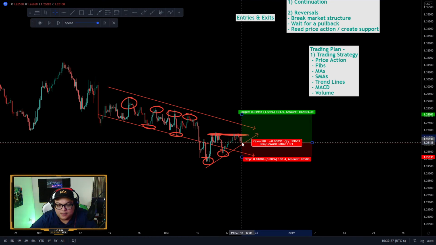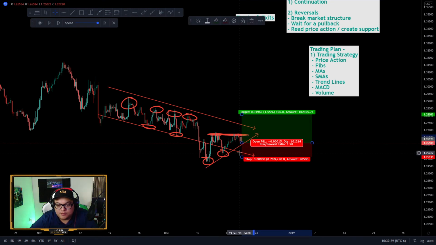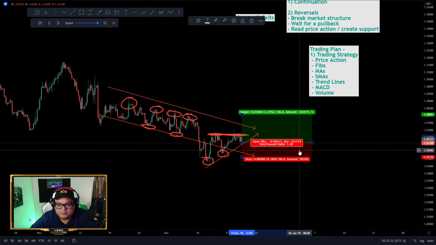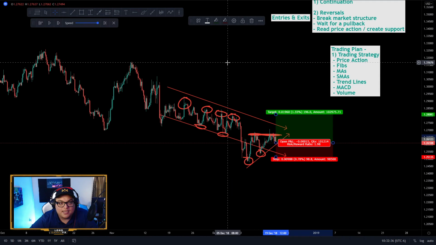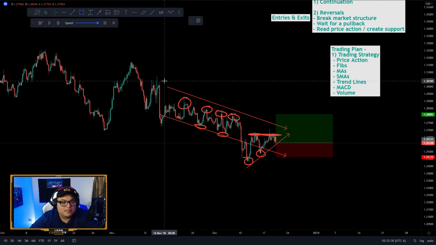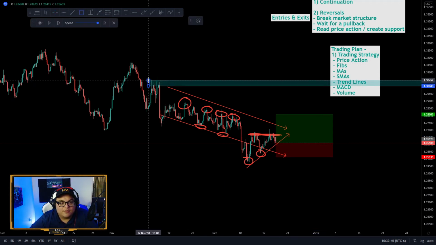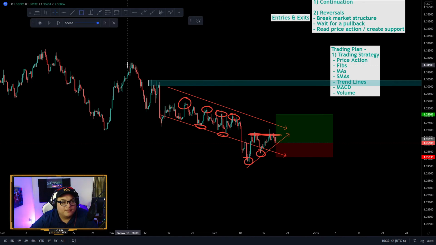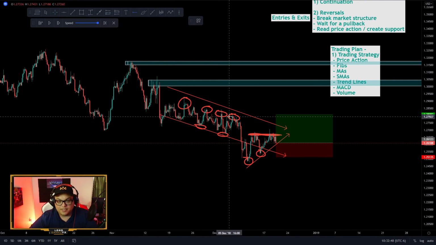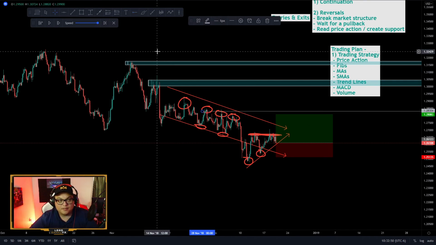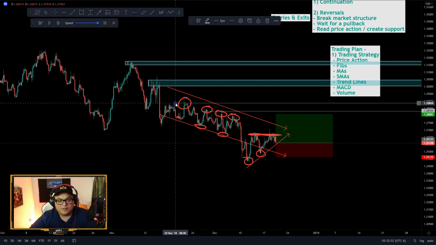Look at that. We enter right here, and we're going to target the next high, the last high, right? Which we have a level right here, and we have the top level right here, right? We do have levels we can pay attention to right here.